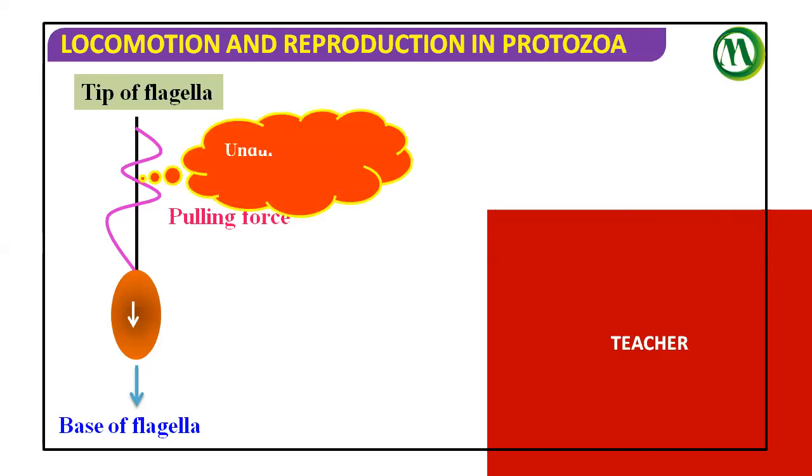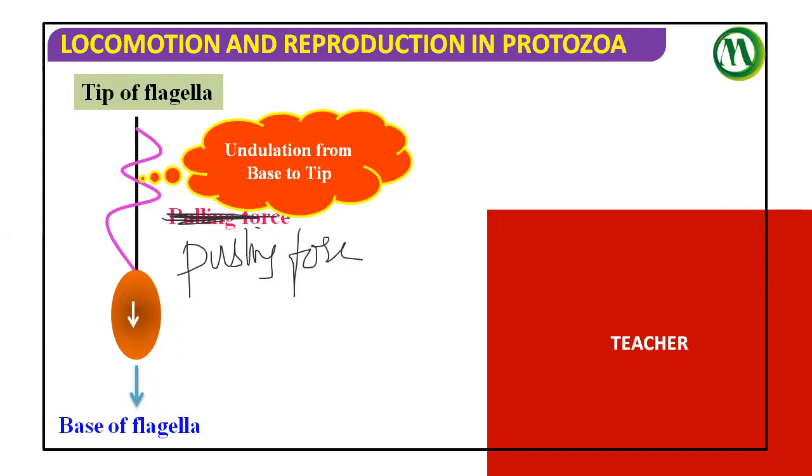Pulling force. We have some confusion here. Undulations from tip to base is pushing force. Undulations from the base to tip, what do you say that is? That is pushing force.